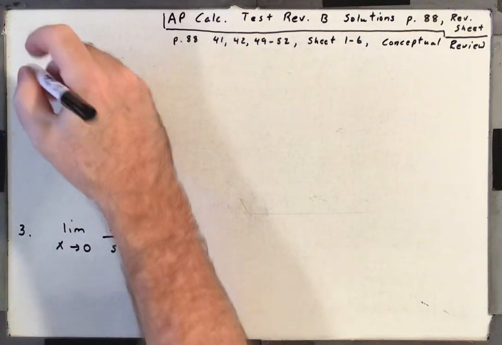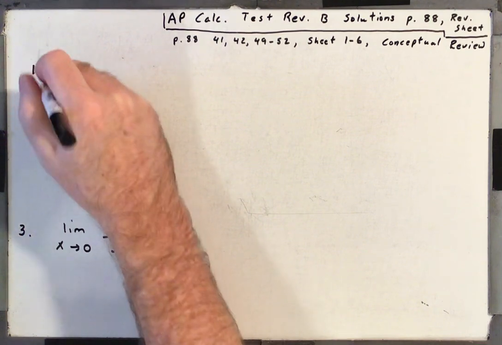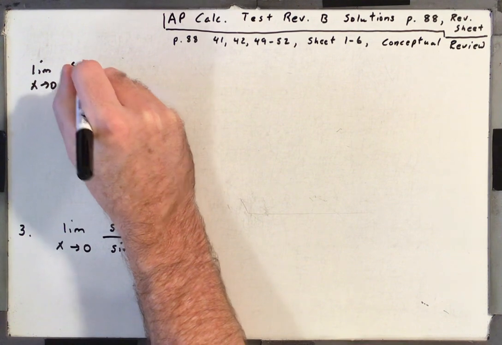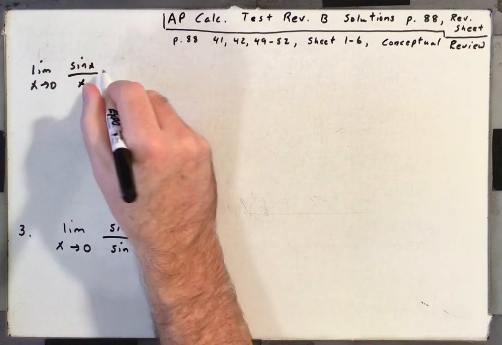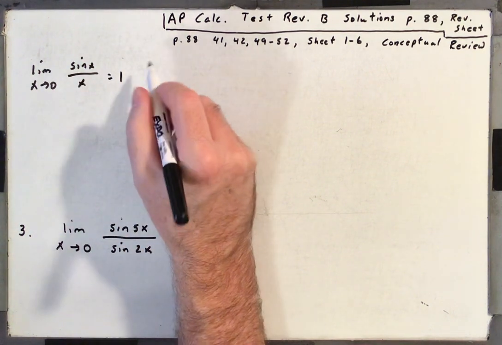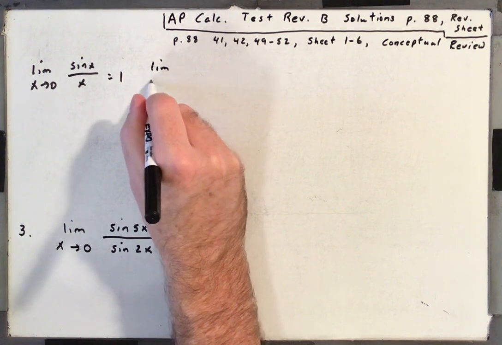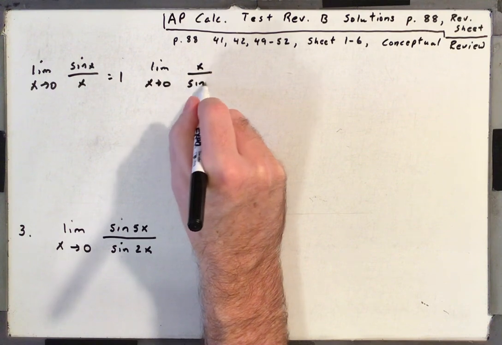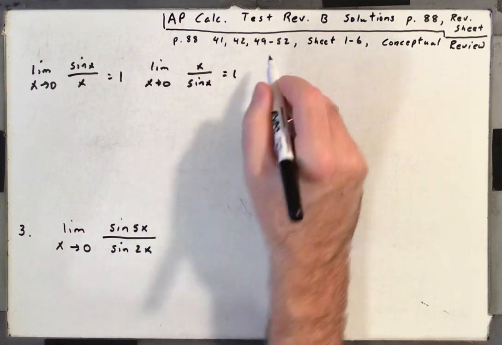So that'd be the limit as x approaches 0 of sine x over x is equal to 1. The limit as x approaches 0 of x over sine x is equal to 1. You do need to have these memorized.